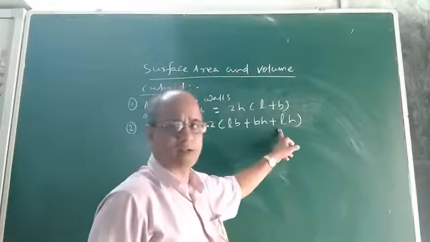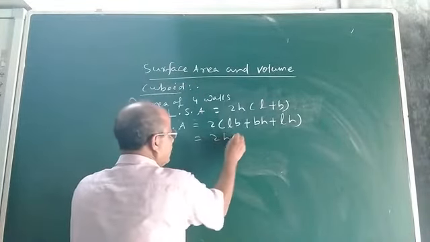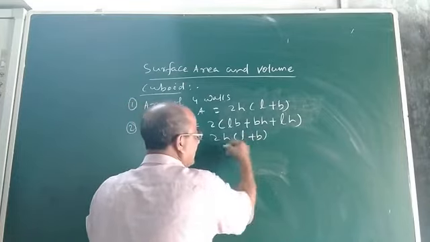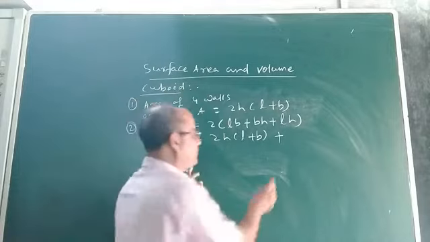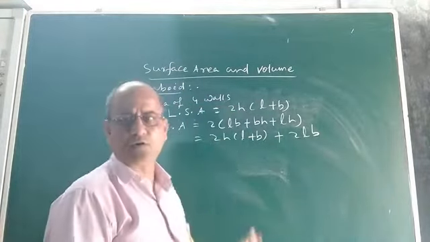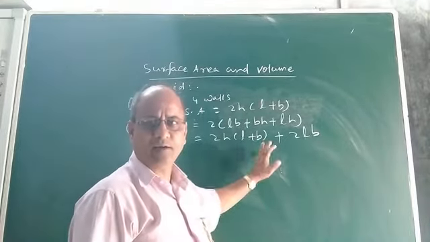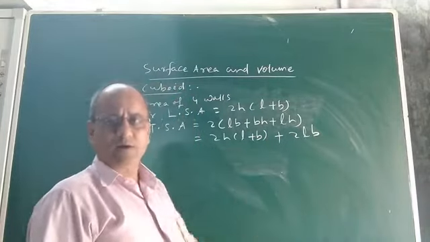Or we can write 2h into (L plus B), this is the lateral surface area, plus the area of floor plus the area of roof, which will be 2LB. So this can also be the formula to find the total surface area of a cuboid, but mostly we use the earlier formula.